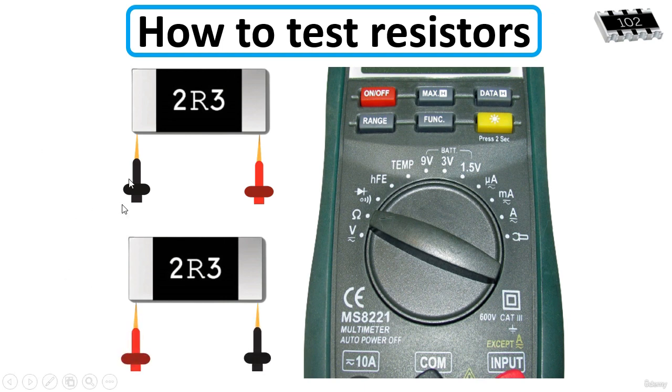You can use the black probe on this side and the red probe on the other side, or the red probe on this side and the black probe on the other side, because the resistor is not polarized like the electrolytic capacitor. So now let's see how to test the SMD resistors.